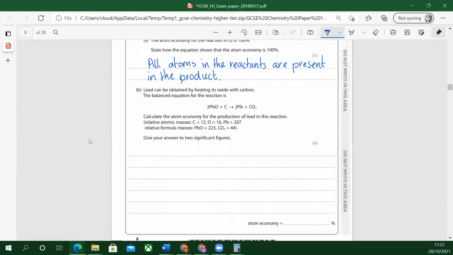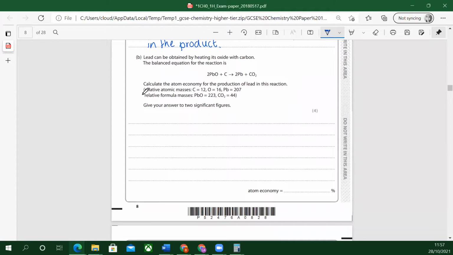Okay, so let's have a look then. We need to do the reactants first, the total mass. So for PbO, we need to do 2 times 223. Let's put that in a bracket to show it's one thing, plus there's only one carbon, 12.